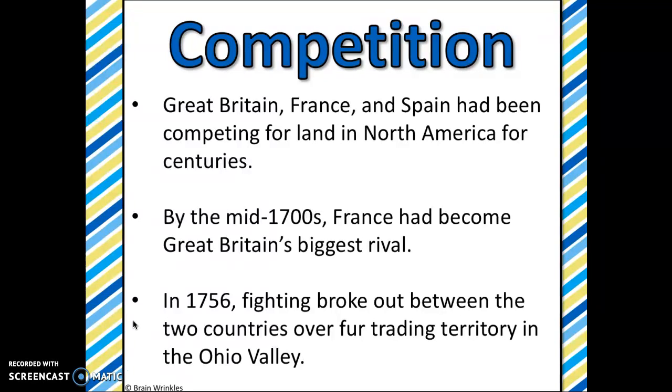If you'll remember, we talked about Hernando de Soto and the Charter of 1732, as so many people came from Europe, from Great Britain and France and Spain, and settled in North America. By the mid-1700s, France had become Great Britain's biggest rival. In 1756, fighting broke out between the 2 countries over fur trading territory in the Ohio Valley.